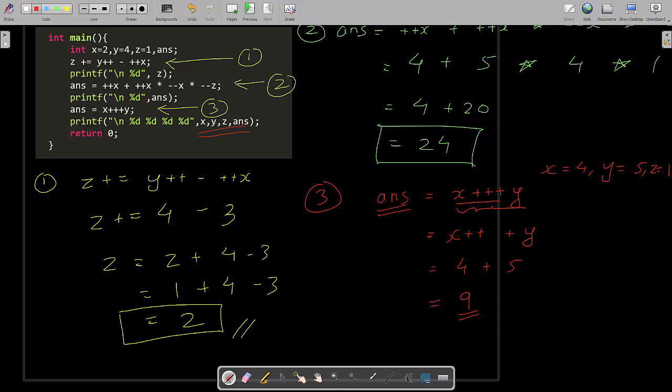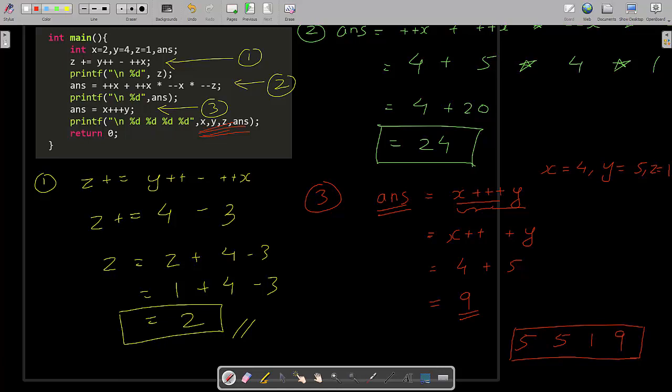Now the final output that we are going to see, we have to print x, y, z, and answer. The x value was a post increment, so this becomes 5. Then y value is 5, z is 1, and answer is 9. So this is the answer that we have got for the third expression.